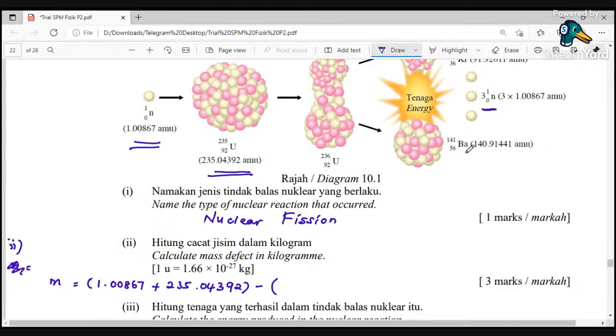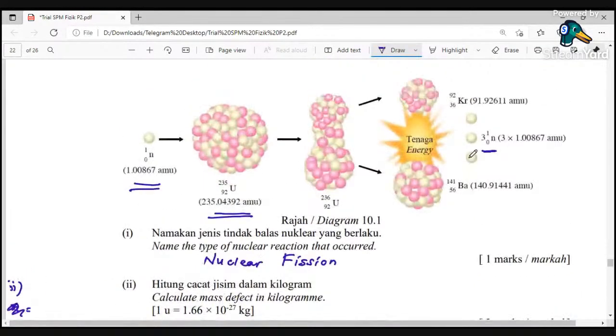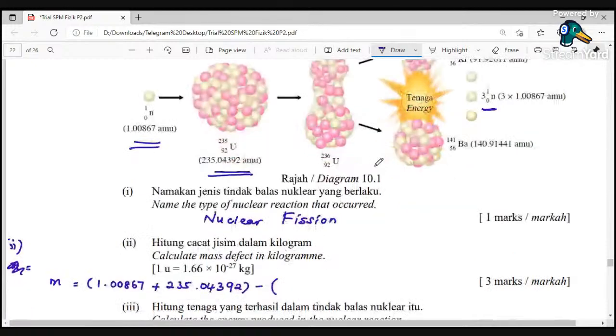After we have krypton 91.9261, barium 140.91441, plus 3 neutrons. Okay, so it's quite long.